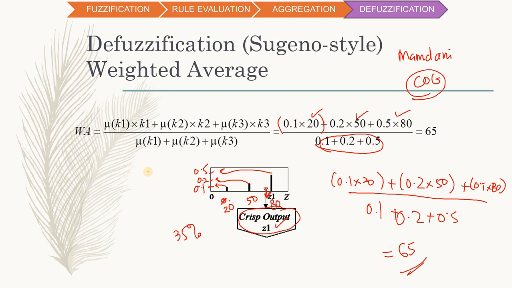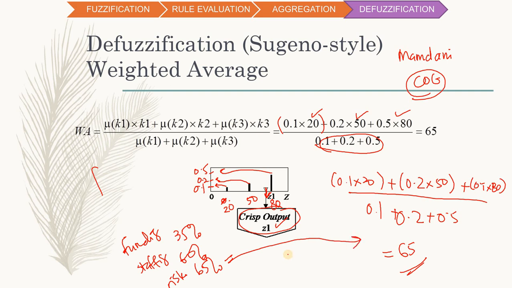So 35 is funding, and 60% is your staffing. So your risk would be 65% based on our calculation of weighted average in your Sugeno style rule evaluation.